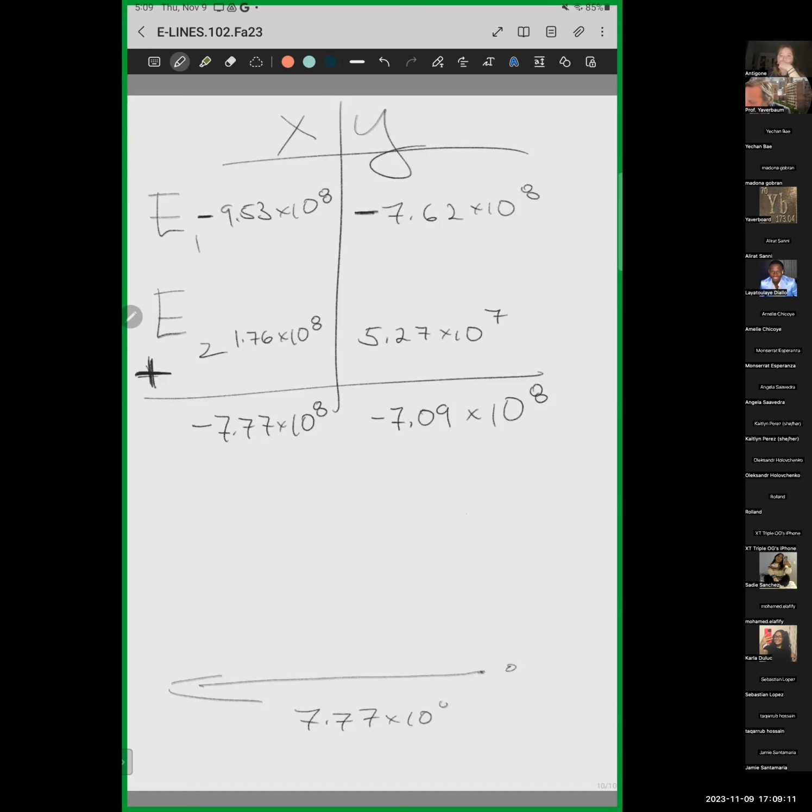Oh, sorry, that's correct, but I shouldn't draw it there. Hold on a second. The final vector, this is another example of what I was saying before. We draw horizontally and then vertically. So the final vector pushed all the way to the west, 7.7 times 10 to the 8th, and it pushed south almost as much, but not quite. So this is a little bit not to scale. It pushed to the south at 7.09 times 10 to the 8th.